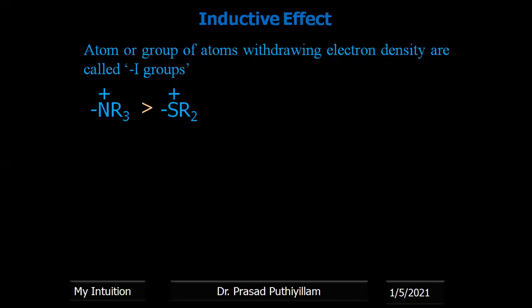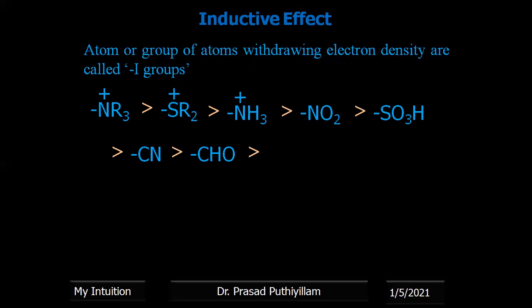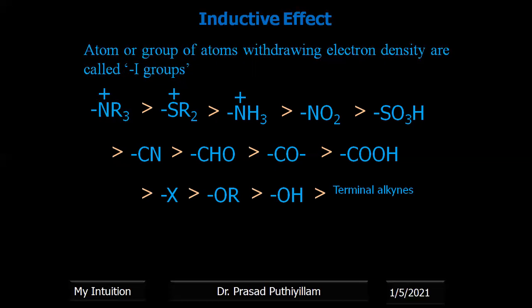The next, the power of the negative groups in decreasing order: the next one, that is SR2 plus, then NH3 plus, NO2, SO3H, cyanide, aldehyde, ketone, acid, halogens, OR, OH, terminal alkynes, NH2, and phenyl, then terminal alkenes. Okay, so between terminal alkynes and terminal alkenes, there are NH2 and the phenyl group.